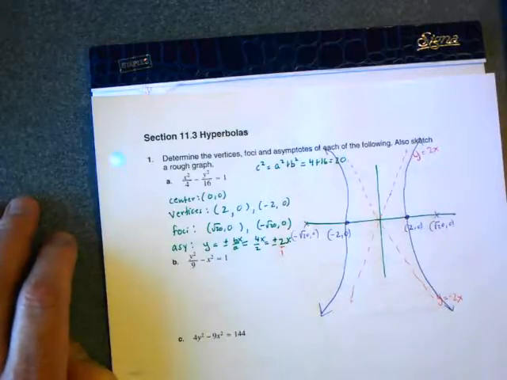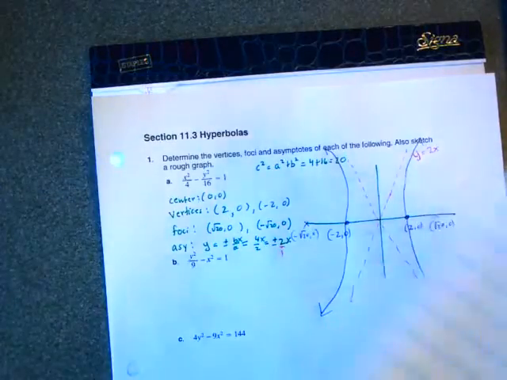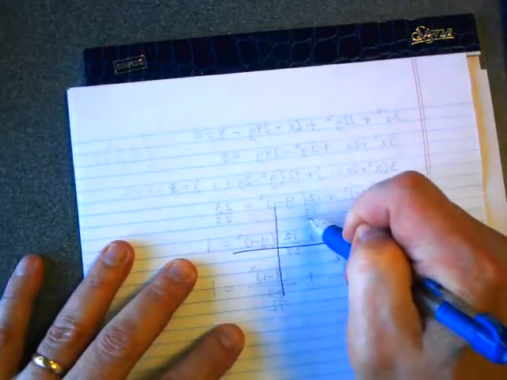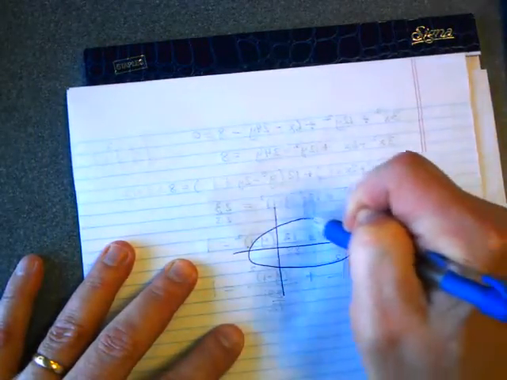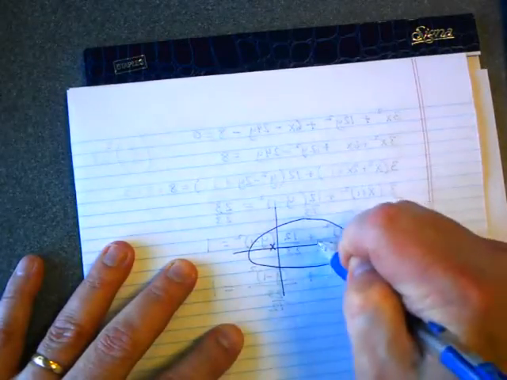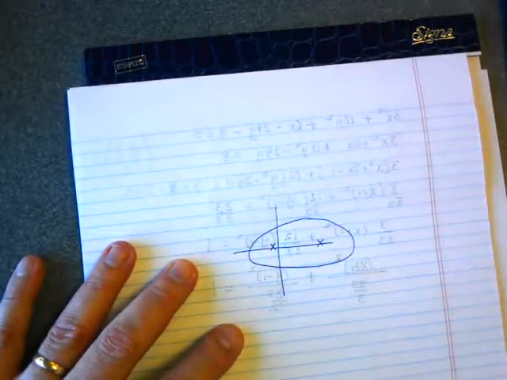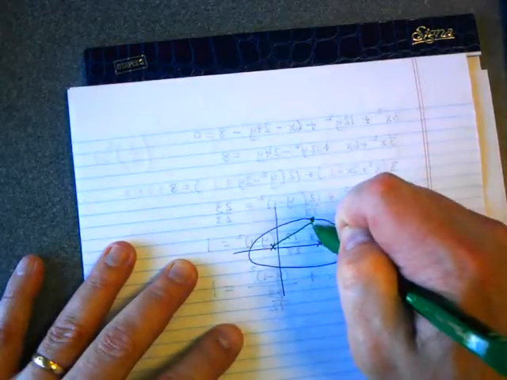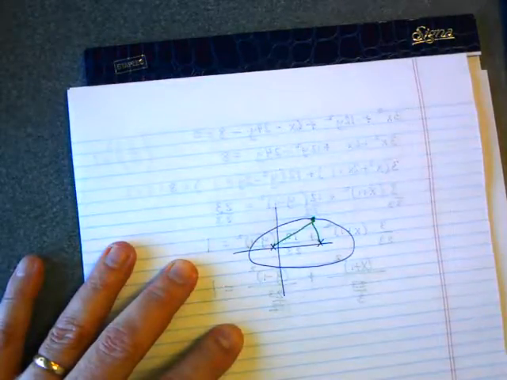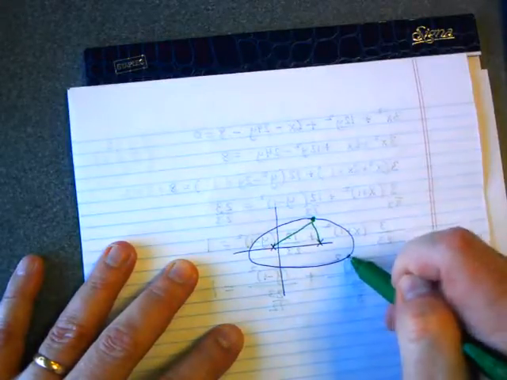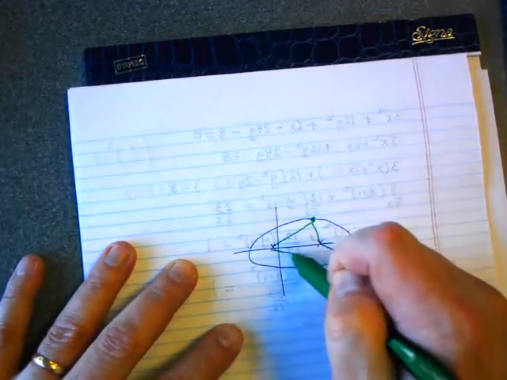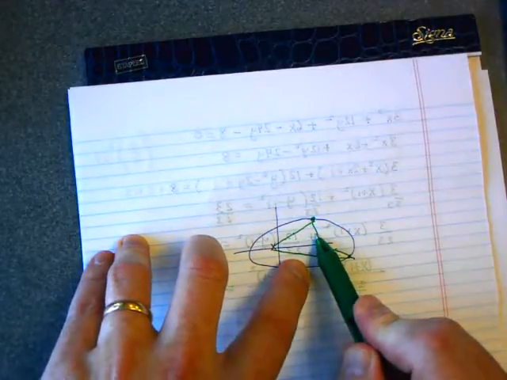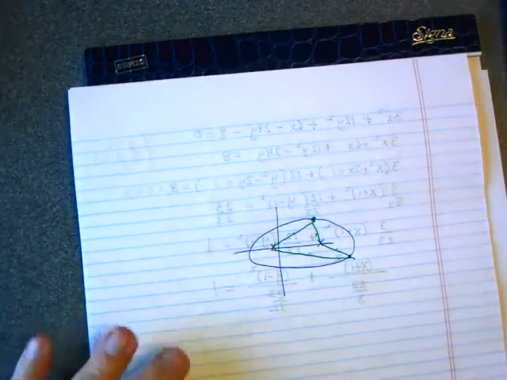In an ellipse, when you have the two foci, if you pick any point on the ellipse, this distance plus that distance is always the same. So if I were to pick this point, that distance plus that distance would have to be the same as that one plus that one. So that was the importance of the foci in an ellipse.